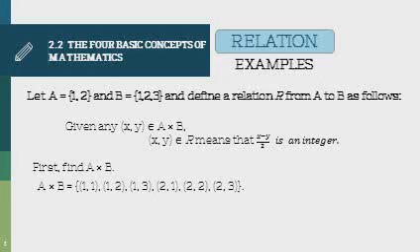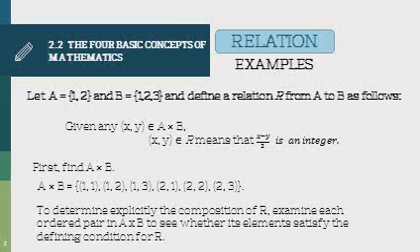Ipapartner lang natin yung element ng A doon sa element ng B. Since ang element ng A natin is 1, 2 at element ng B is 1, 2, 3, partner muna natin yung 1 doon sa first element ng B, then second element, then third element. Ganon din doon sa second element ng A, partner natin siya per element ng B. Kung saan yun sa set A, yun yung magiging domain natin, at yun doon sa set B, that will be our range.